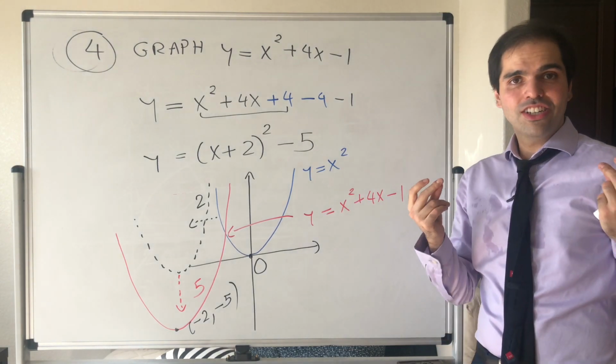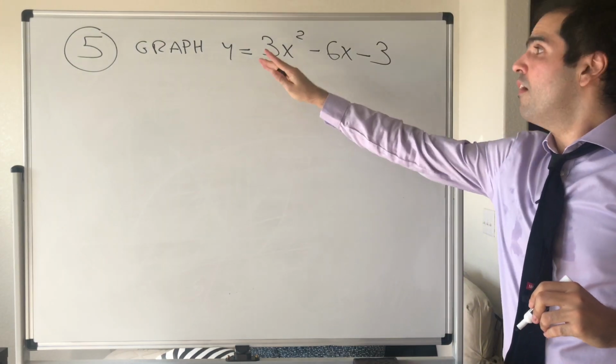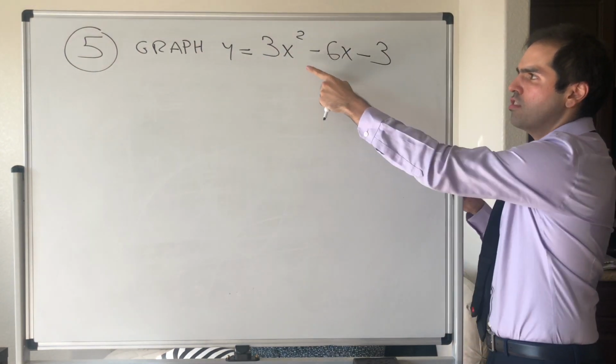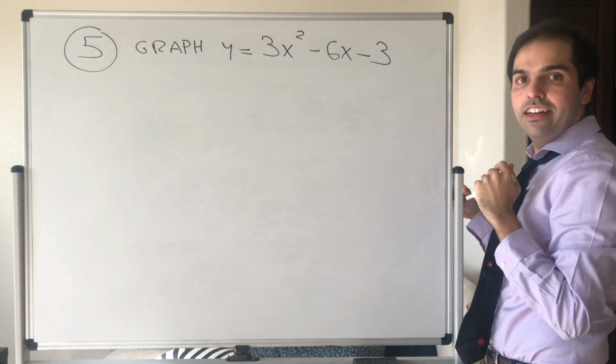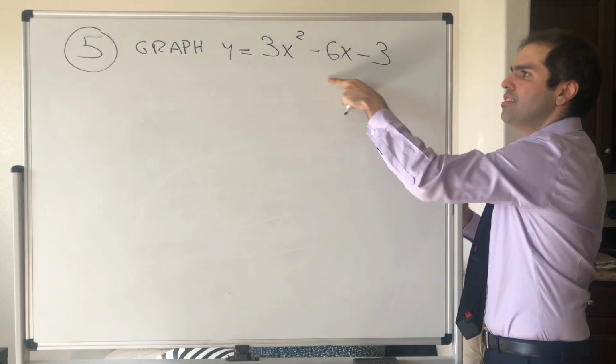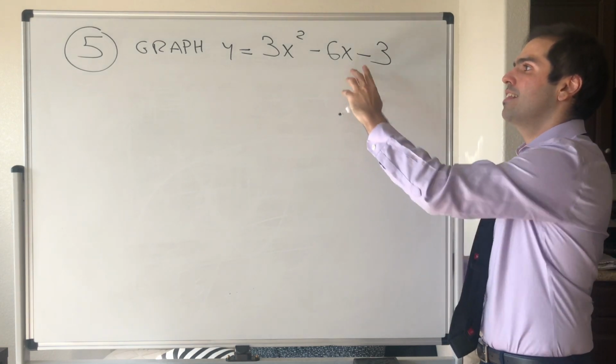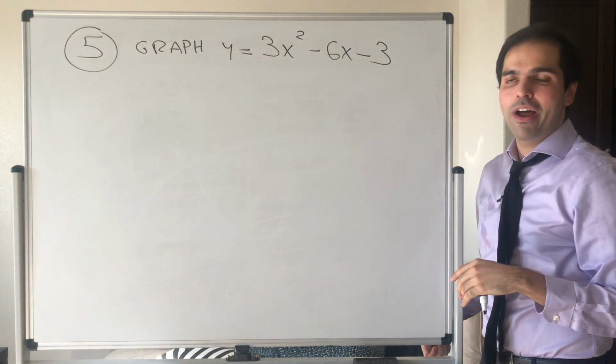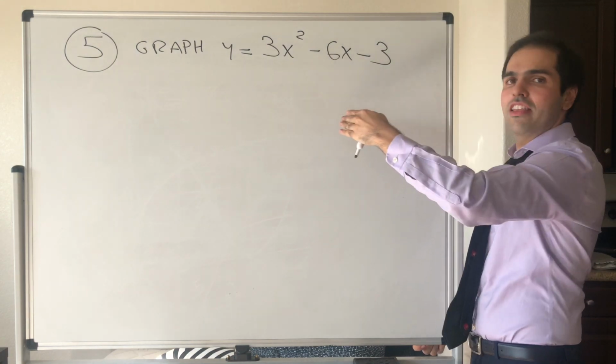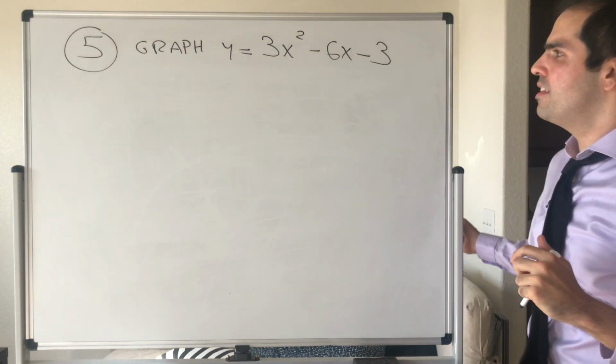All right, next question. Now, let's graph y equals 3x squared minus 6x minus 3. Again, it's a quadratic function, so you might guess correctly that the graph looks like some kind of a parabola. And for this, again, we would need to complete the square.